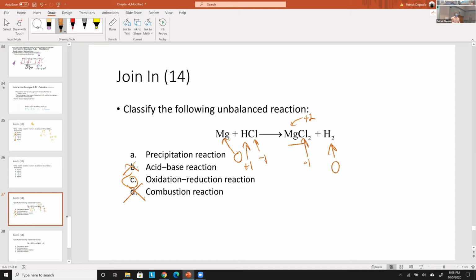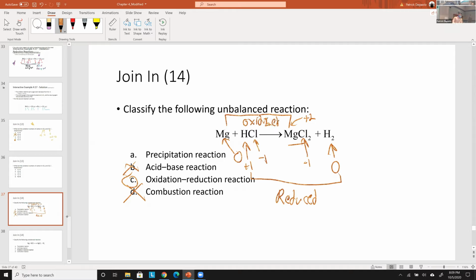So it changes. Hydrogen changes from +1 to 0, which means it's reduced. Number goes down, reduced. And then magnesium goes from 0 to +2. Therefore, it's oxidized.